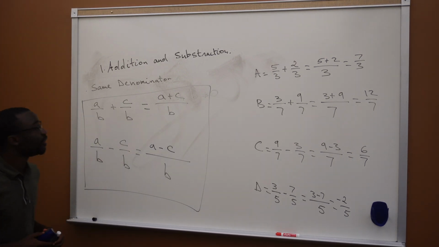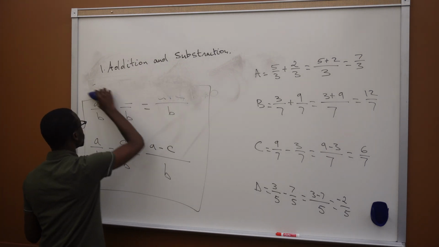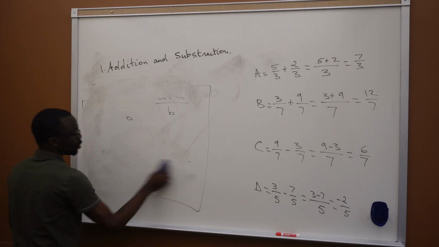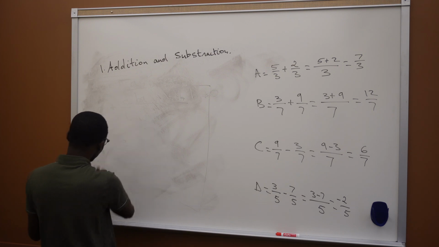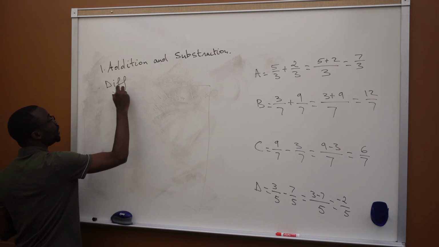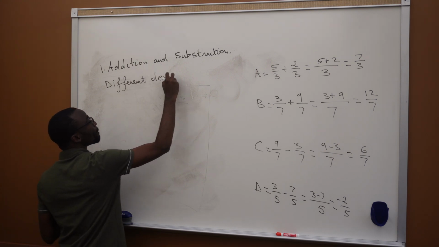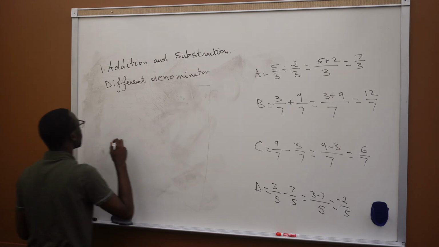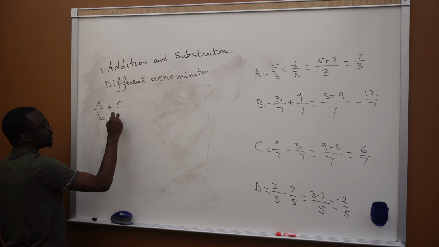Now, what happens when they have different denominators? When they have different denominators, we can go with a formula. When fractions have different denominators and I want to add or subtract them, this is how I can approach it. a over b plus c over d.